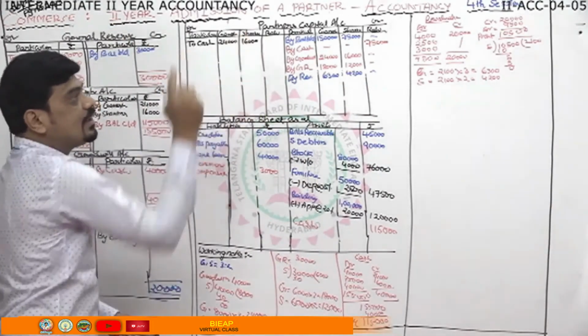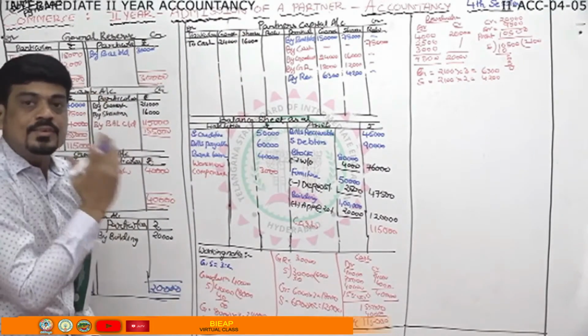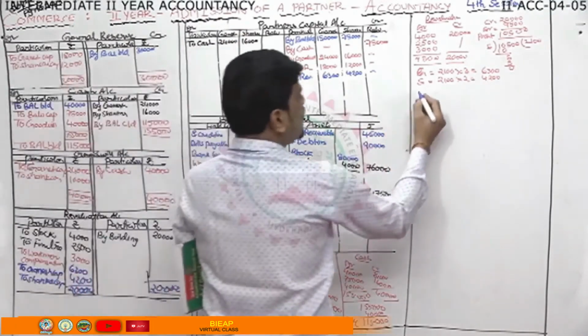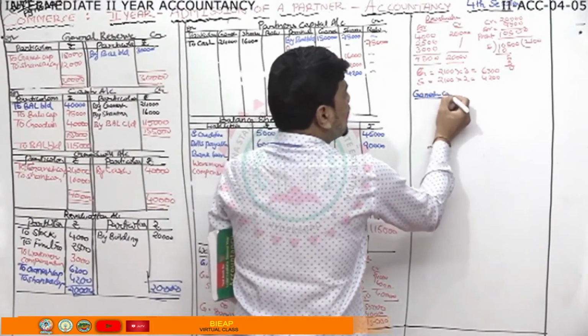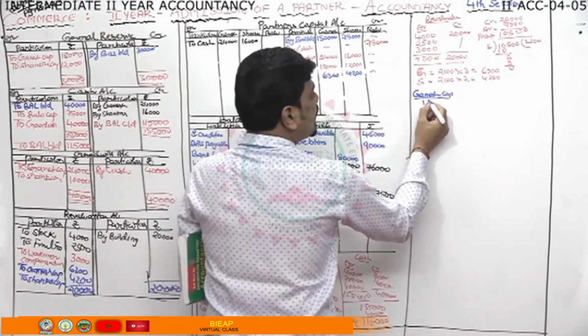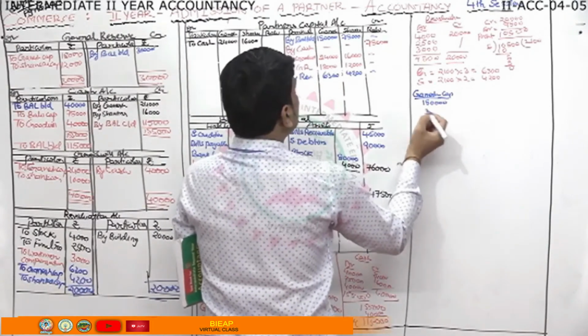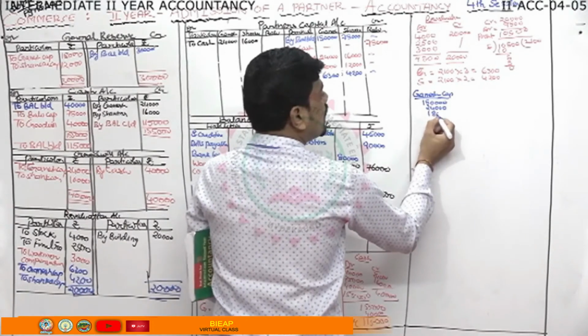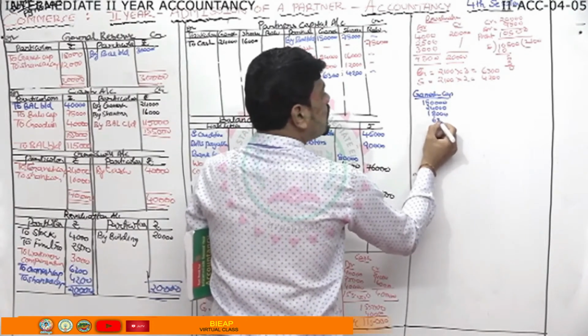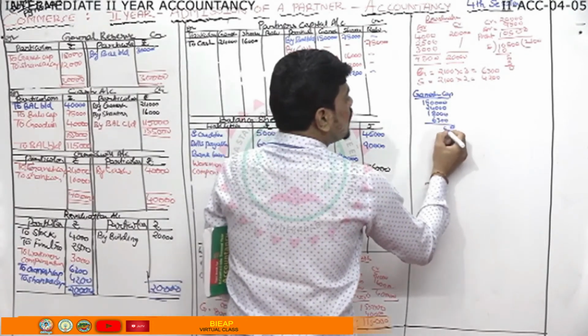Here we have credit as well as debit. So first we'll do the working. So Ganesh capital. No doubt it takes 2 minutes time, but it's better. So credit: 1,50,000, 24,000, 18,000, 6,300.